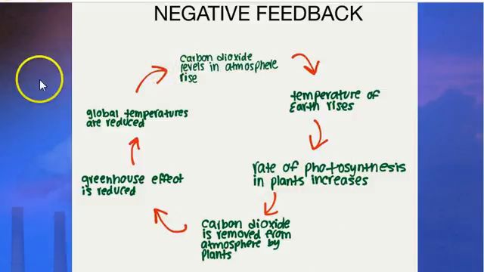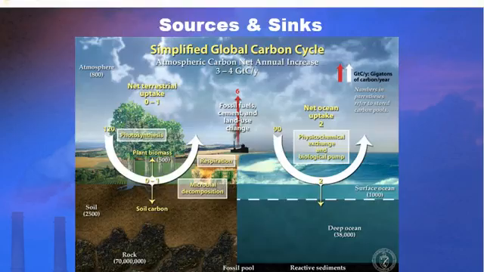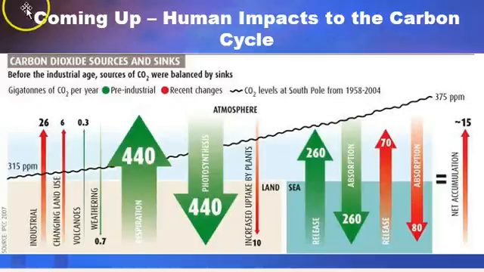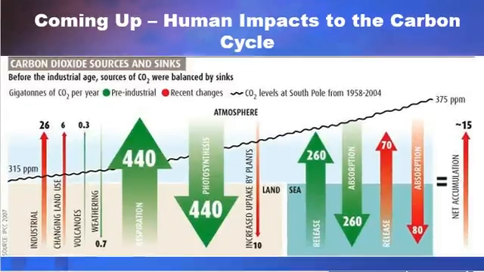So this is a negative feedback cycle because it's kind of correcting itself. And that's what we want to happen in the carbon cycle, is we want everything to sort of correct itself and go back to normal. And we want our sources and our sinks to be balanced so that everything is in its natural sort of process.